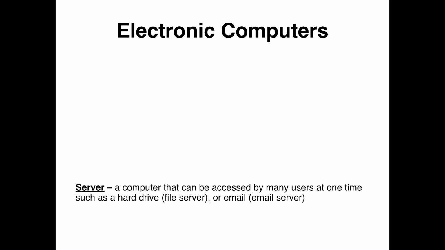We'll end up by talking briefly about servers. A server is a computer that can be accessed by many users at one time, so that many users can use the same hard drive and the same email service and the same file service, and so that you don't have to pass flash drives or disks to each other in order to transfer files.